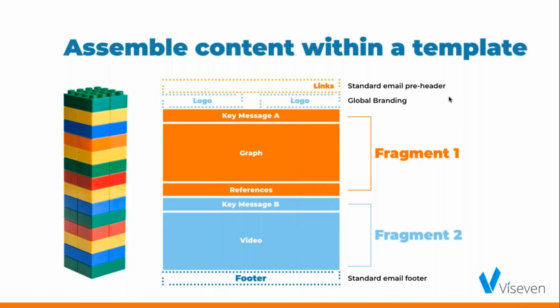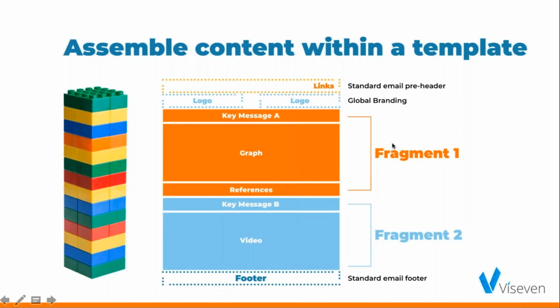Here we have some basic elements of the email, let's say this header with a link and global branding materials, and a footer, which is a regular part of the email. But inside of the email template, we have special placeholders where users can insert the fragments, and they are also managed by the business rules.